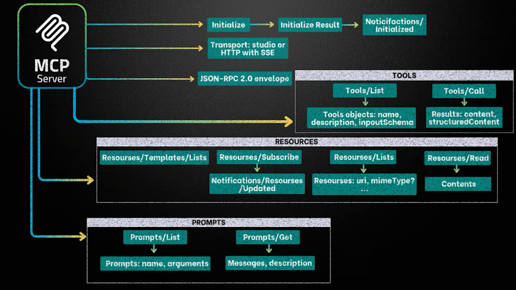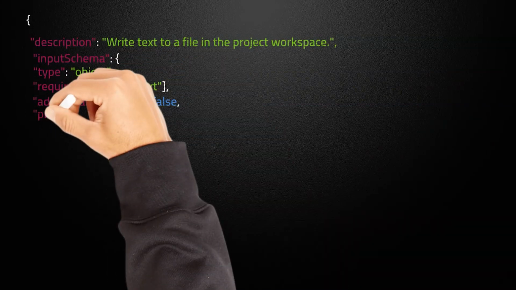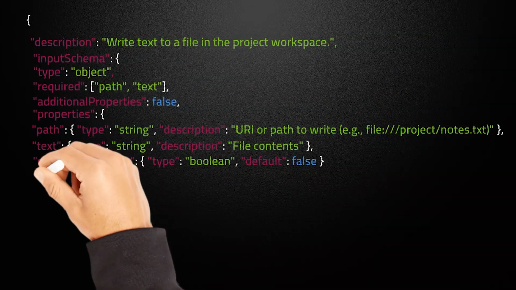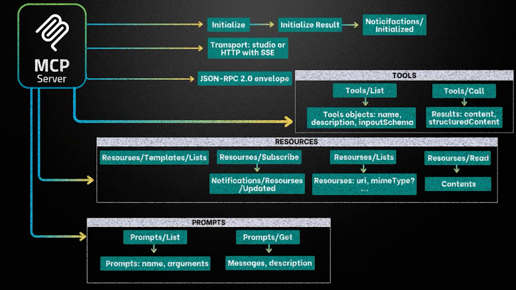So essentially, tools has to have an implementation of tool listing and calling. Each tool includes name, description, input schema, and some stuff like optional annotations.